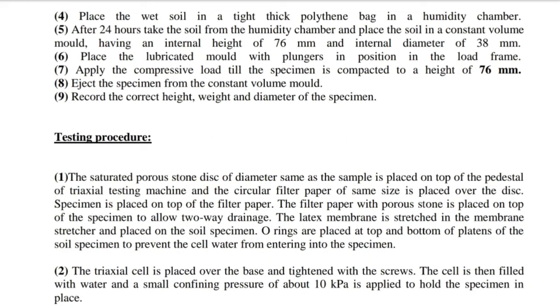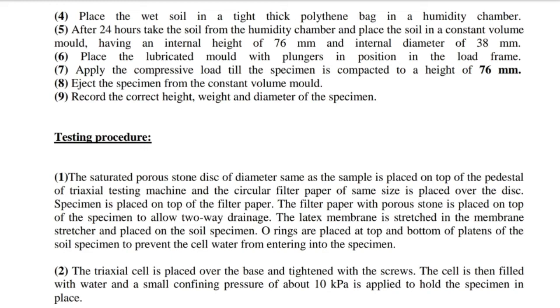4. Place the wet soil in a tight, thick polythene bag in a humidity chamber. 5. After 24 hours, take the soil from the humidity chamber and place the soil in a constant volume mold having an internal height of 76 mm and internal diameter of 38 mm. 6.